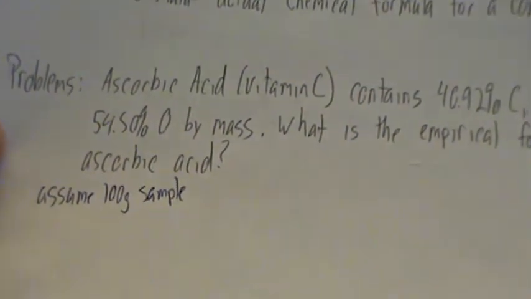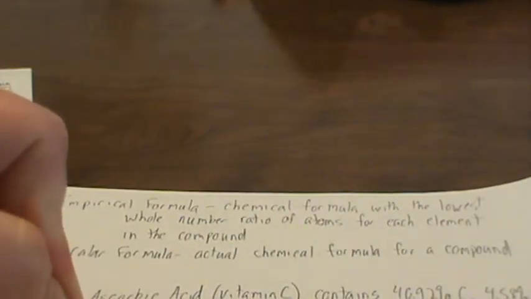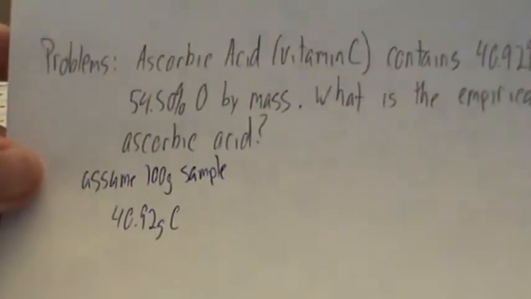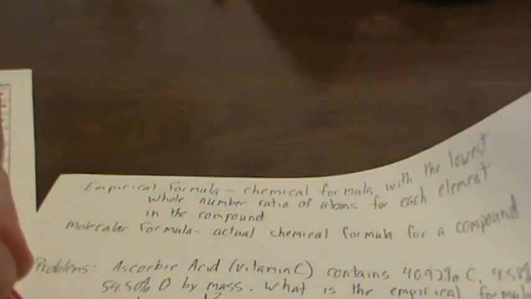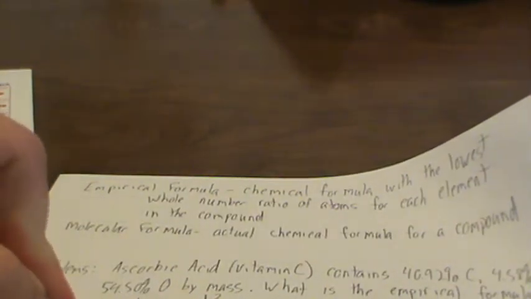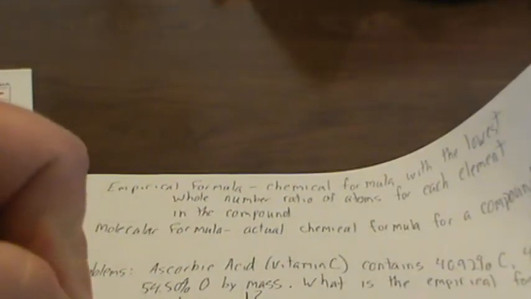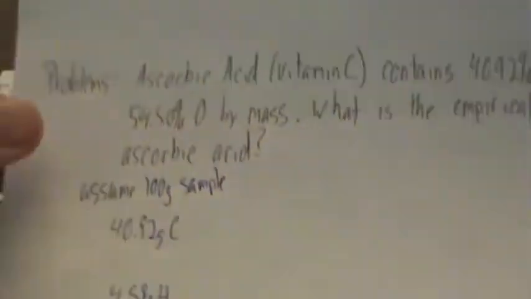So if we make that assumption, we can say that instead of having 40.92% carbon, we have 40.92 grams of carbon. We have 4.58 grams of hydrogen and 54.50 grams of oxygen.